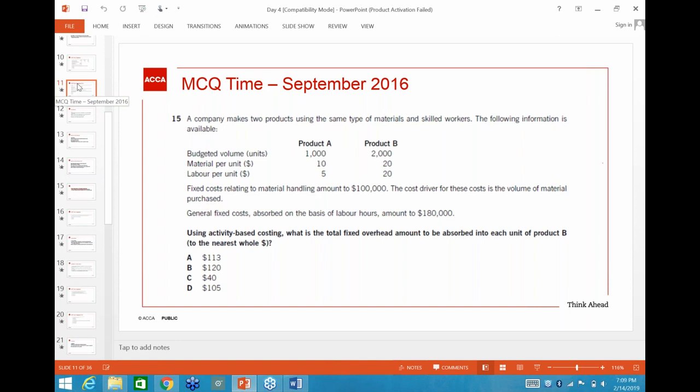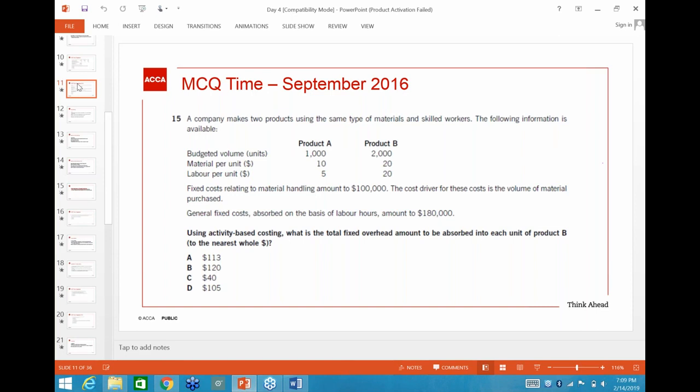A company makes 2 products, it says, using the same type of materials, skilled labor, and material. The following information is available: budgeted volume, material per unit, labor. Fixed cost relating to material handling amounts to 100,000.